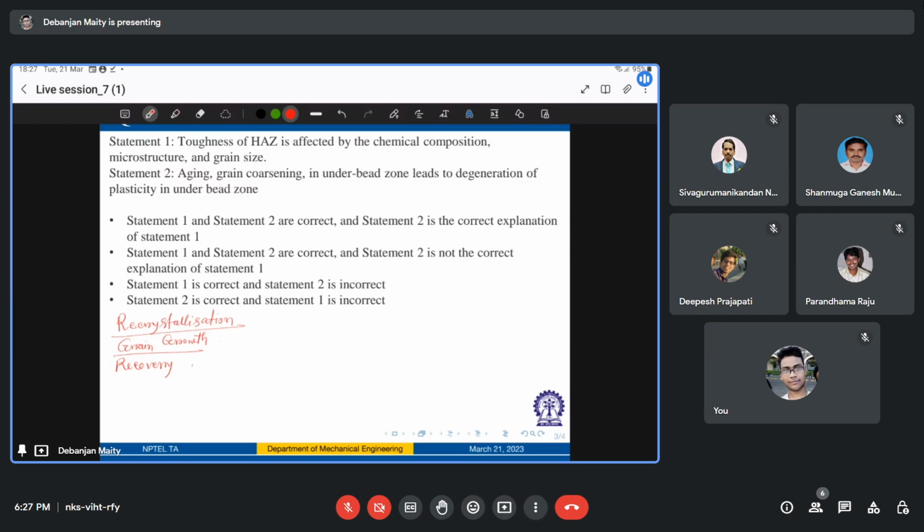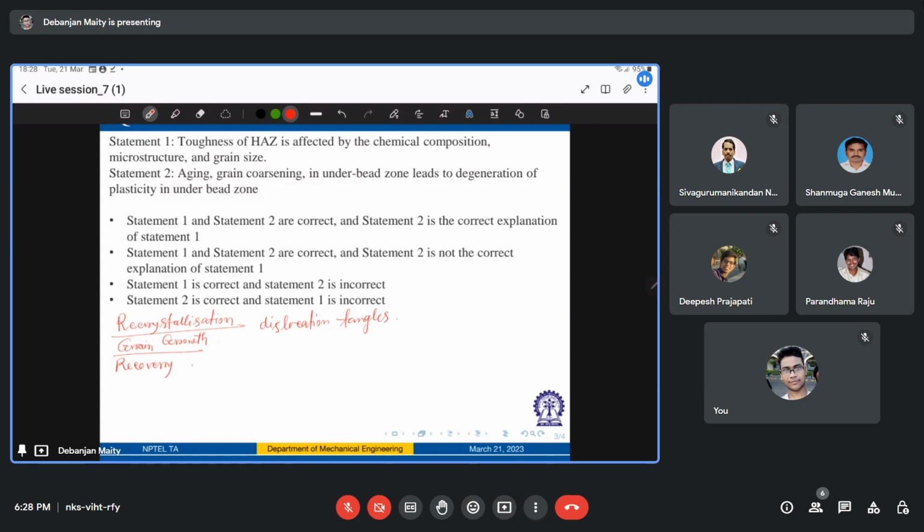Now what happens during recrystallization? How should I explain? You are aware of the forming process, right? When a metal is cold worked and plastically deformed, for instance cold rolled or extruded, what will happen? Numerous dislocations will be generated, right? And these dislocations can interact with each other and form dislocation tangles, correct?